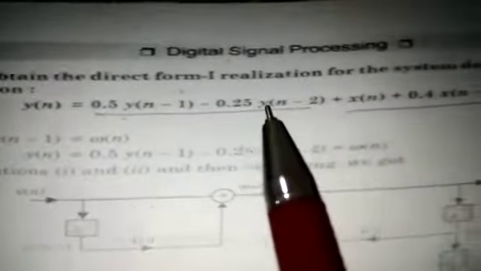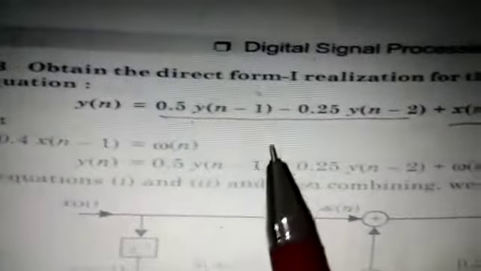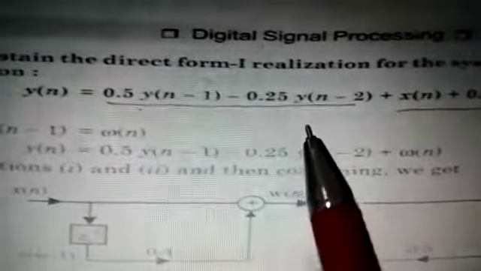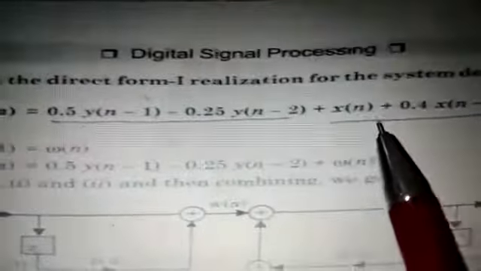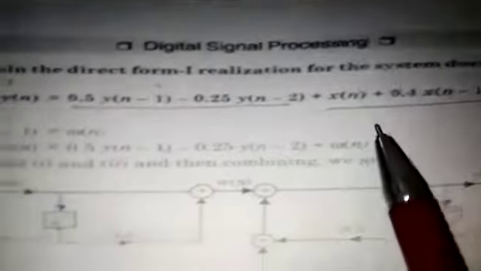Obtain the direct form 1 realization for the system described by the following difference equation. y of n is equal to 0.5 y of n minus 1 minus 0.25 y of n minus 2 plus x of n plus 0.4 x of n minus 1.